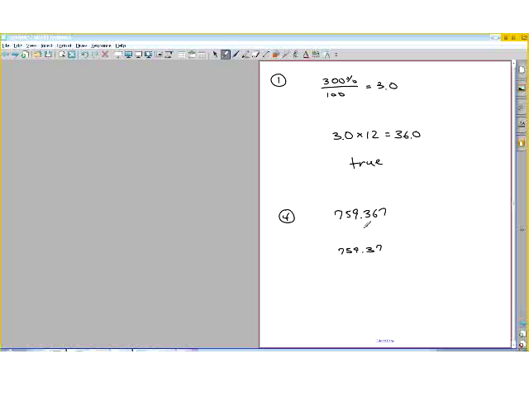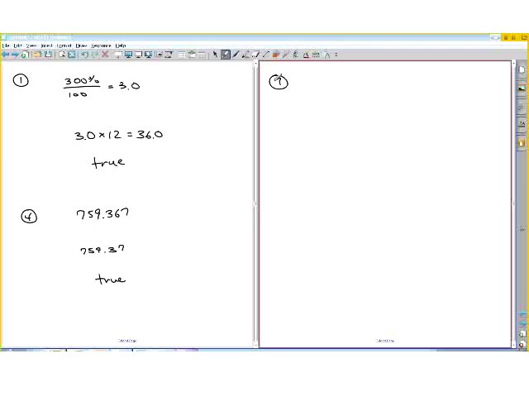Look at the next digit to the right of the place where the number is being rounded. If the digit is less than 5, drop all digits to the right. If the digit is 5 or more, drop all digits to the right of the place to which the number is being rounded and add 1 to the digit. So that's what I did. So that's true. I don't know why they said false. I think I've been rounding long enough to know how to do that.